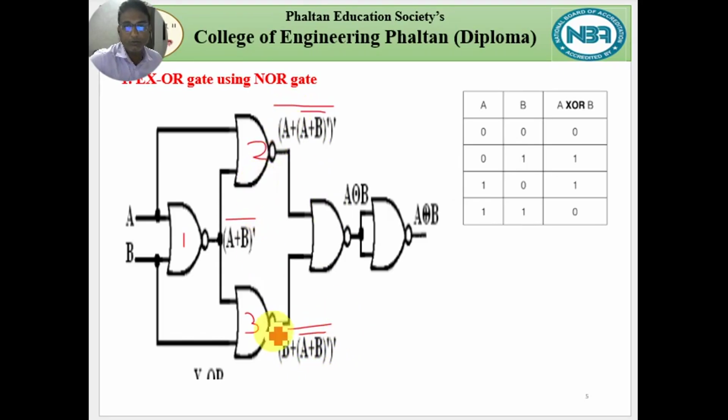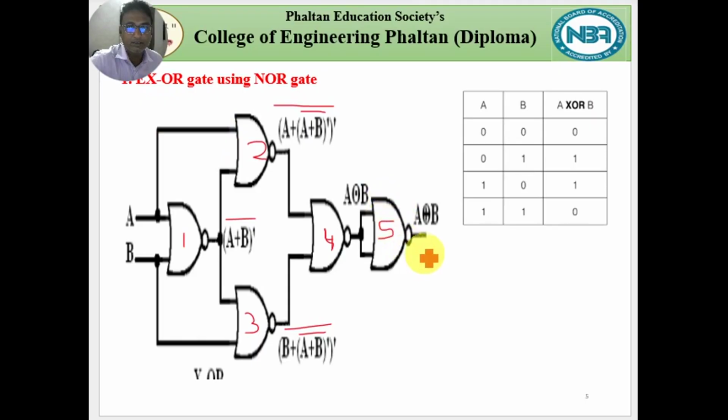Again the second and third outputs are given to the input of the fourth NOR gate. So we get A XNOR B. Now we combine these two and give it to the fifth gate, we get A XOR B. That is the equation of the XOR gate.